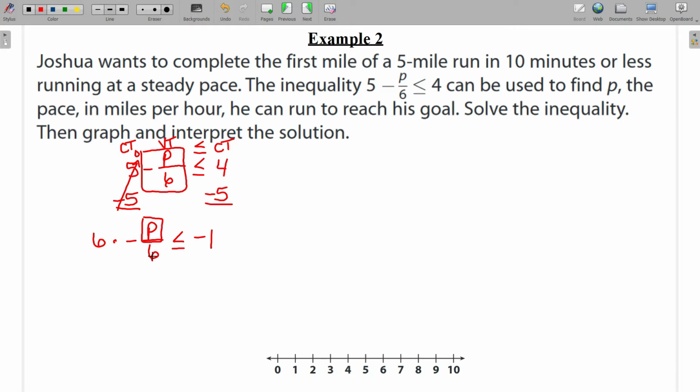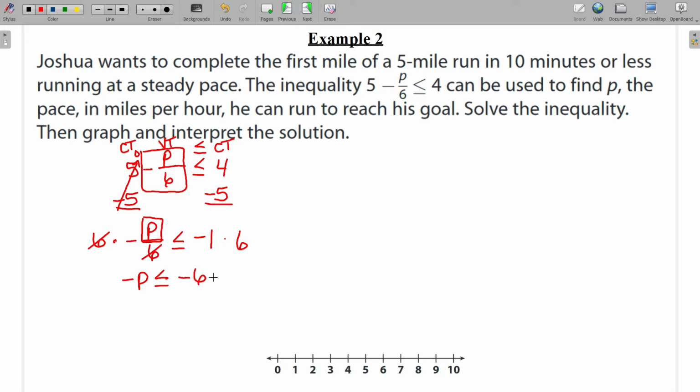Now what I do on the left-hand side of the inequality, I must also do on the right-hand side. So I'm going to also multiply by 6 on the right. From here, the 6's are going to cancel each other out, and that's going to leave me with negative p is less than or equal to, and when I take a negative 1 times a 6, that's going to give me negative 6.